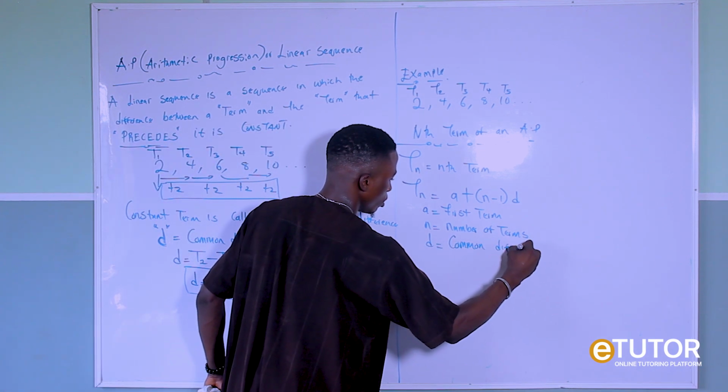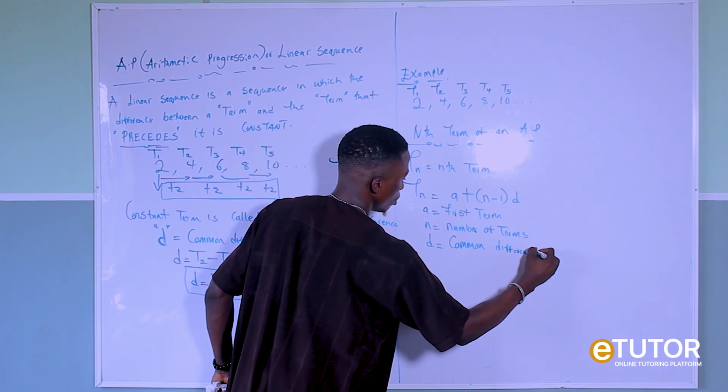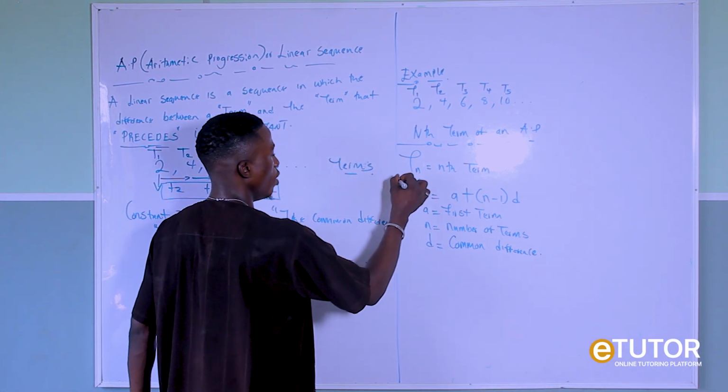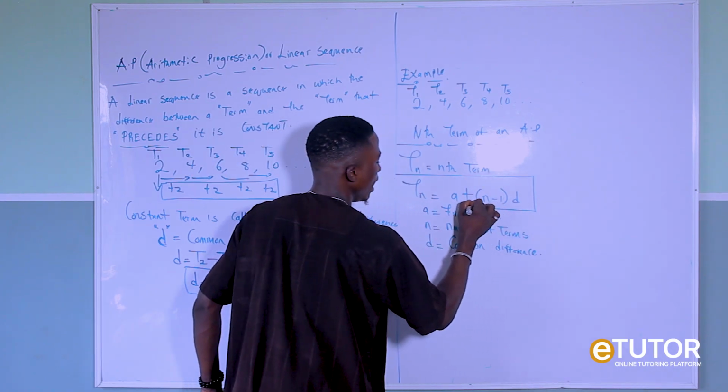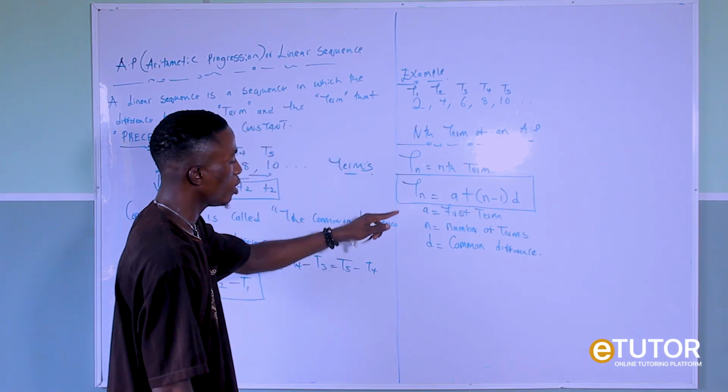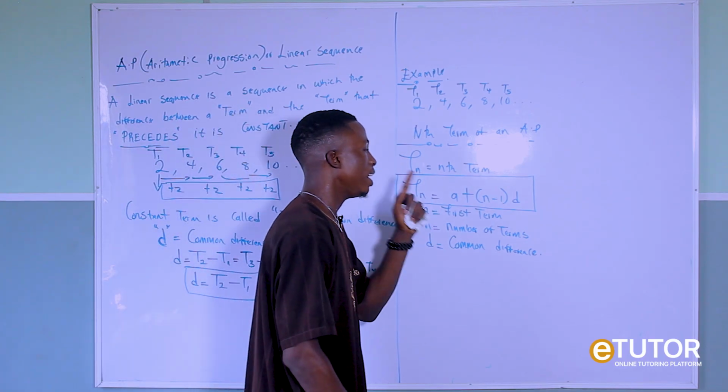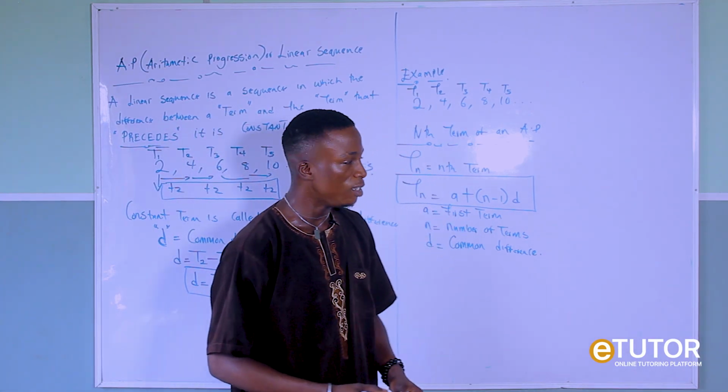This is the formula for the nth term of an AP. It can be used to find any term in a given AP.